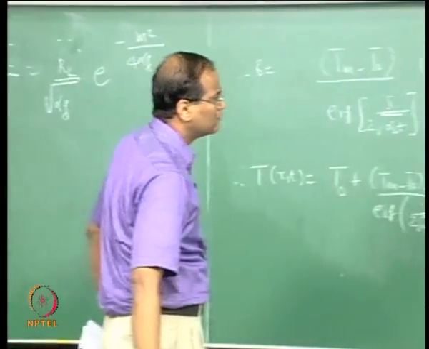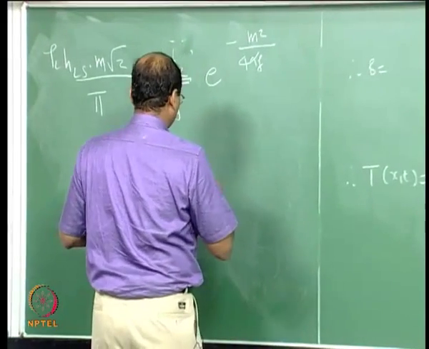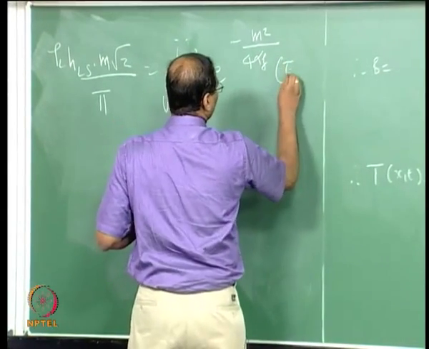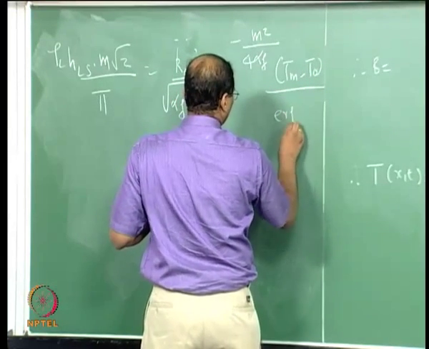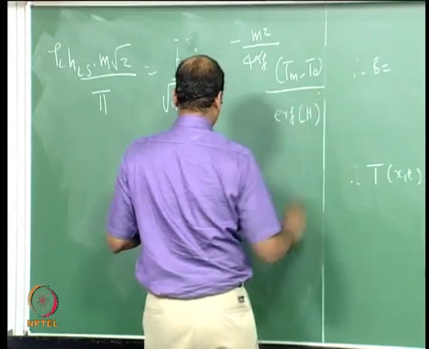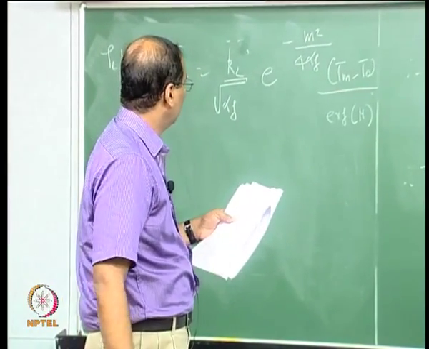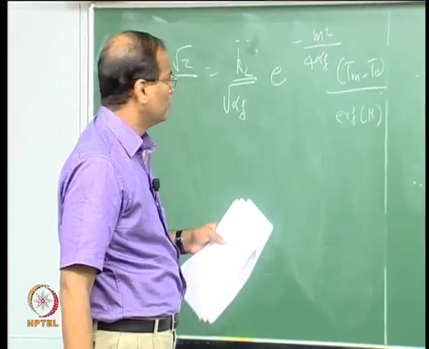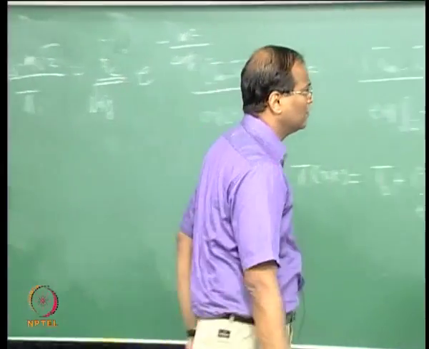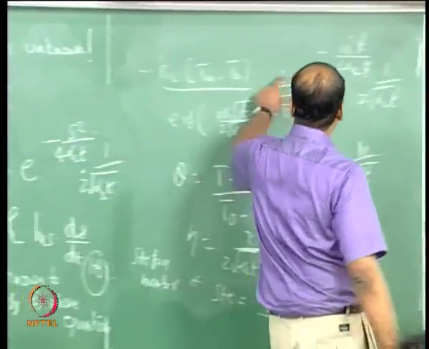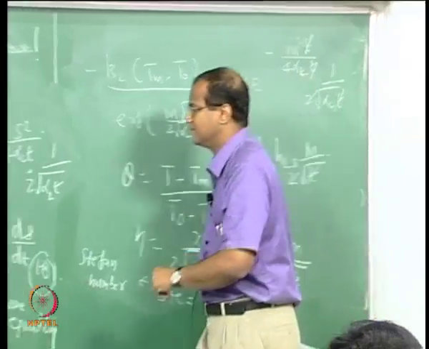Four alpha f, correct? 4 alpha f into... correct, because, let's see, 2 by root pi, I am taking it to this side, so it will be root pi by 2, correct.